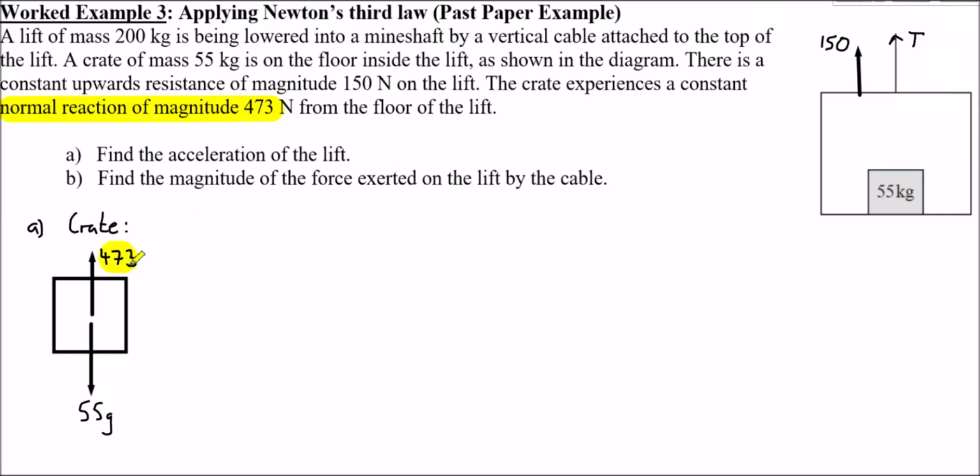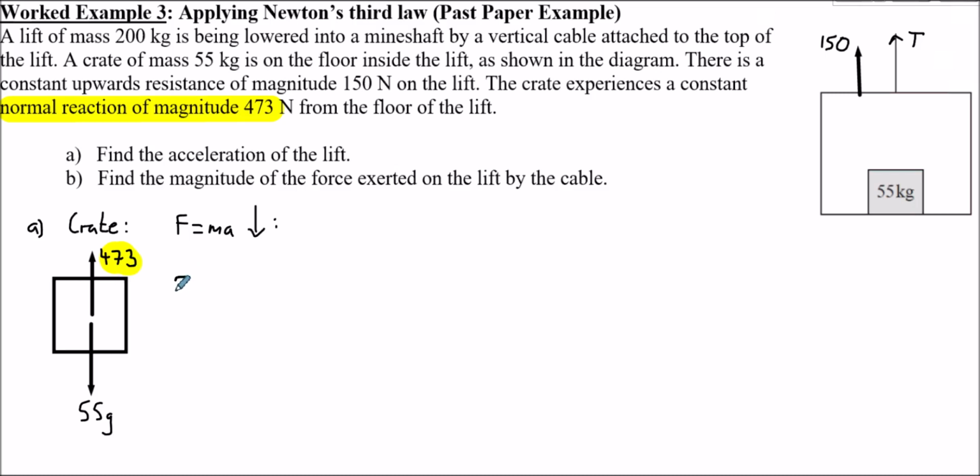So what we can do here is apply F equals ma going downwards. So F equals ma in the down direction. So the overall force going down is the weight of the crate minus this normal reaction on the crate.